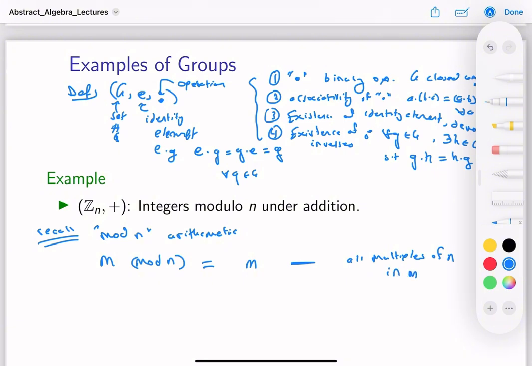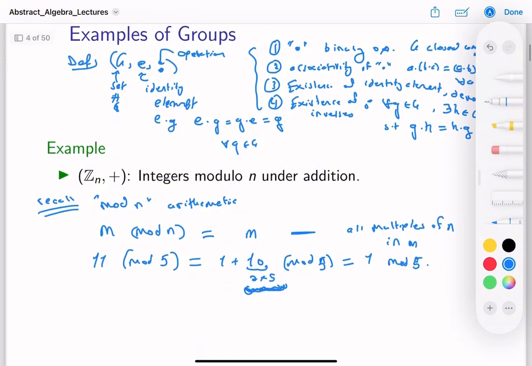Just as a quick reminder for you, what is, for example, 11 modulo 5? Well, this is equal to 1 plus 10, and 10 is 2 times 5. So if we take away this multiple of 5, we will be left with 1 modulo 5.